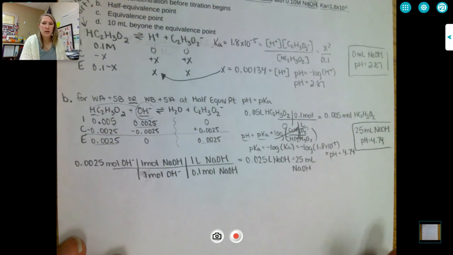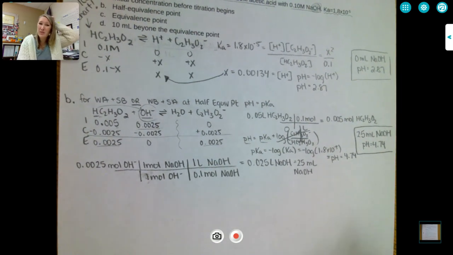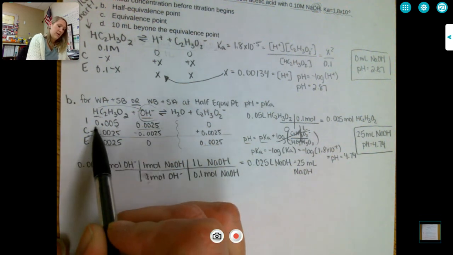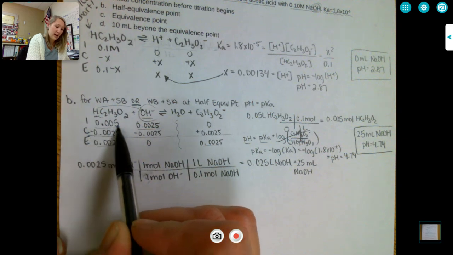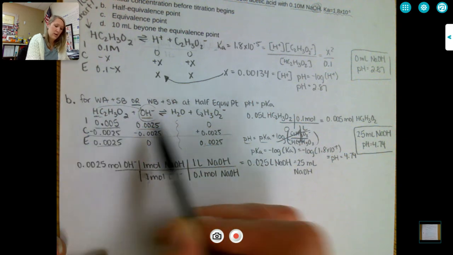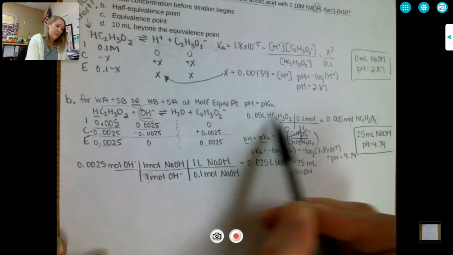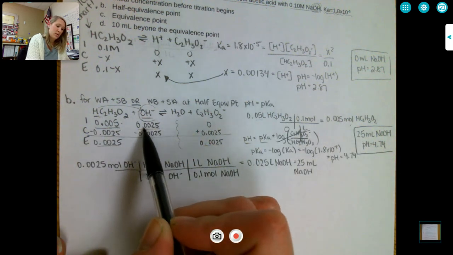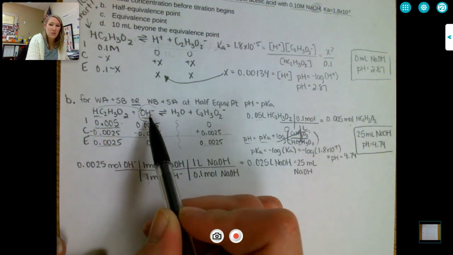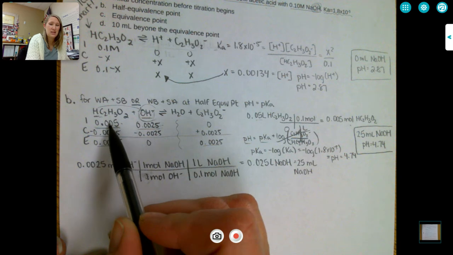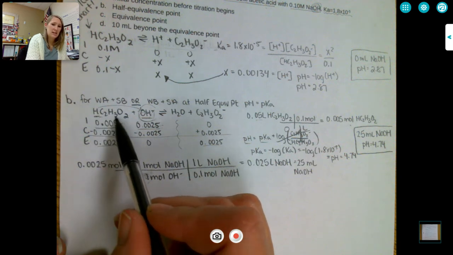Whew, that was a lot. So in summary for that step, we're at our half equivalence point. If I need to know my number of moles of acid I'm starting with, which we figured out based off of our volume, then we figured out that at half equivalence, we have half as many moles of hydroxide as I do hydrogen ions in my acid.